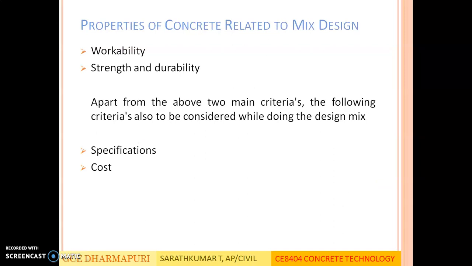So as I told, the workability, strength and durability of concrete are important, and apart from this, the specifications, where if there is some special type of building, you have to consider that also, and also the cost, the economy-wise you have to consider. So all these five things should be in mind while designing the concrete mix.